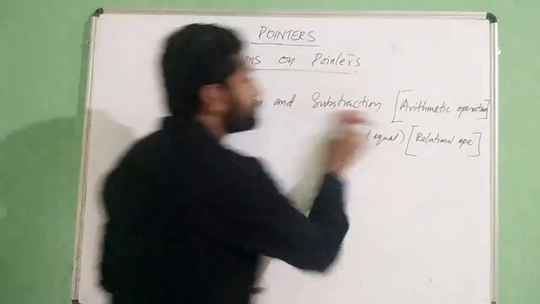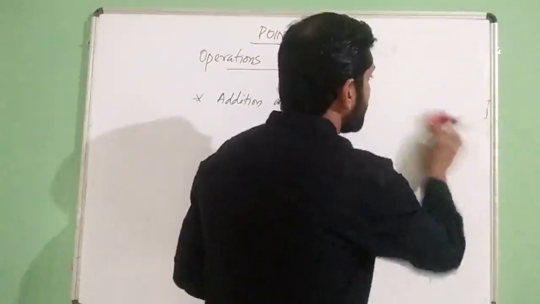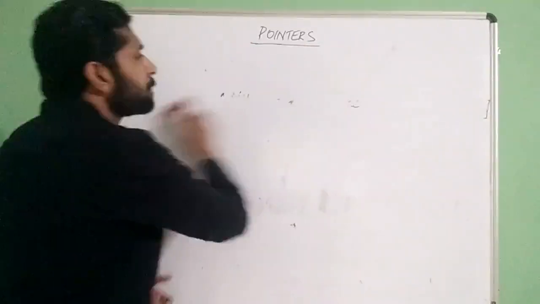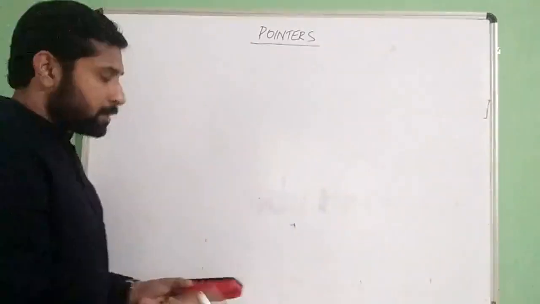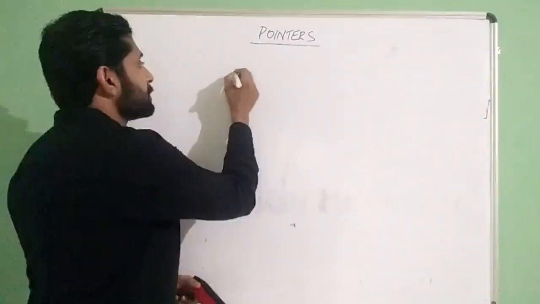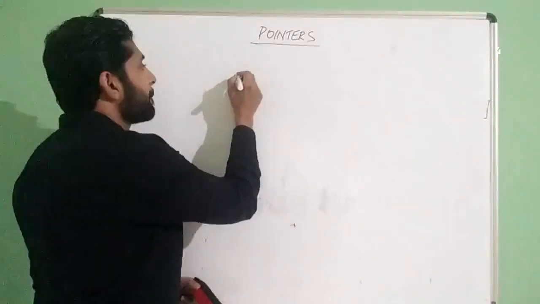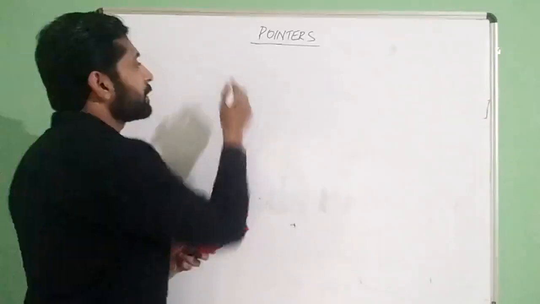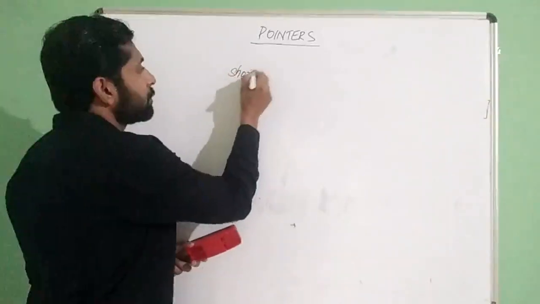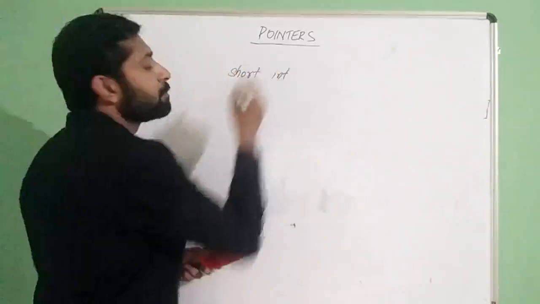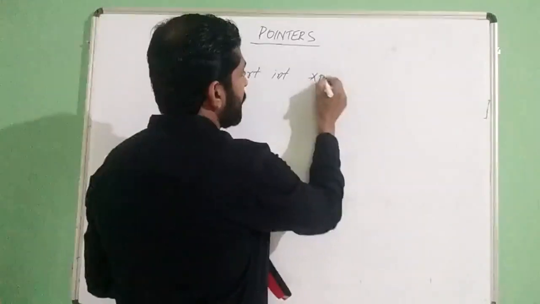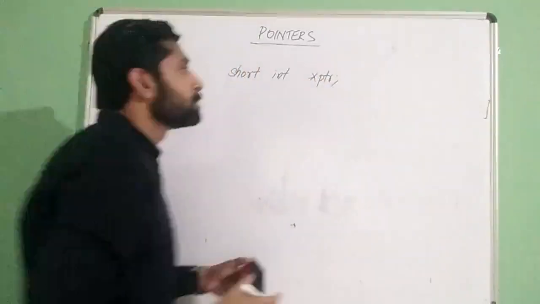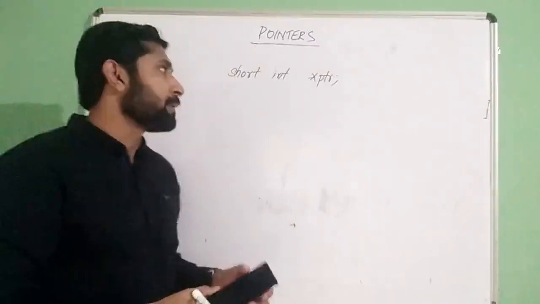Now, suppose we have a pointer like this. For the time being we are taking short int star ptr.